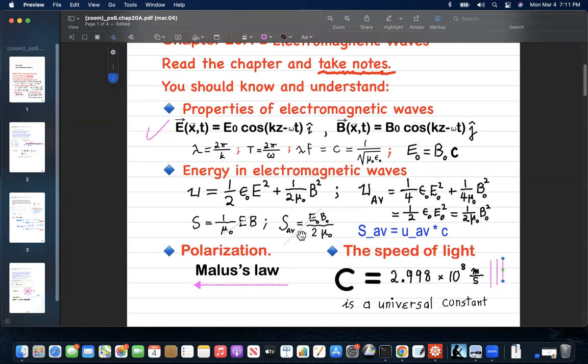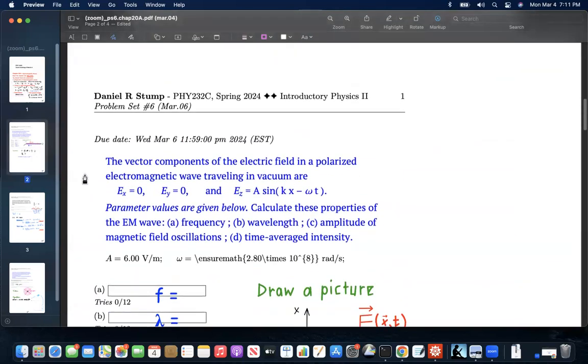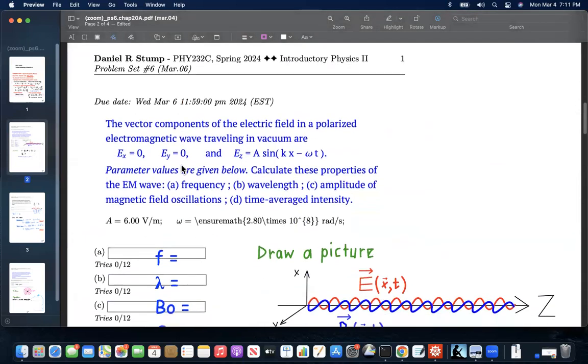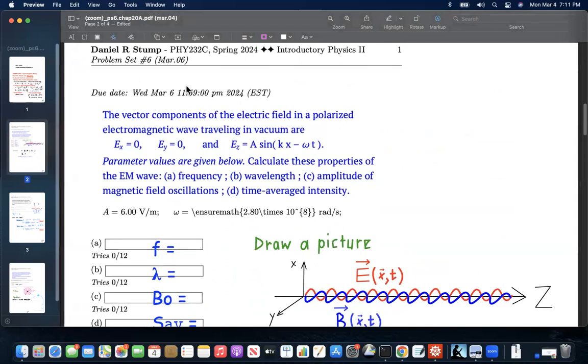All right, so let's take a look at some problems. Here's one of the problems from the homework assignment. The homework assignment is due Wednesday.